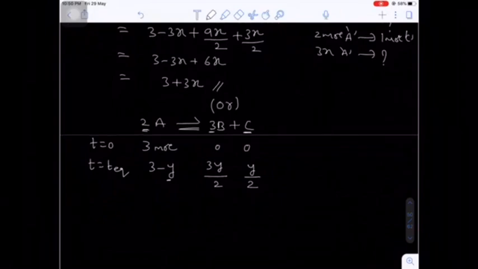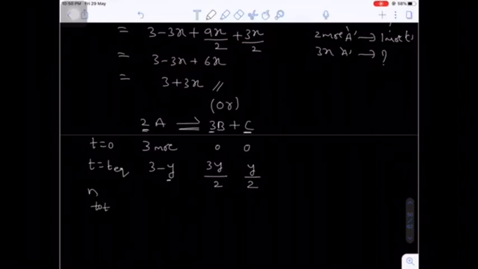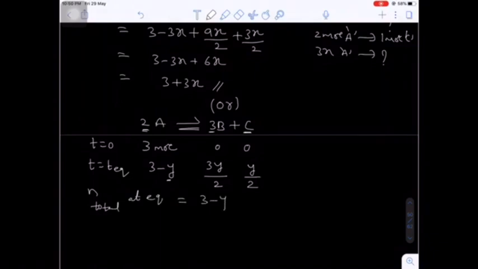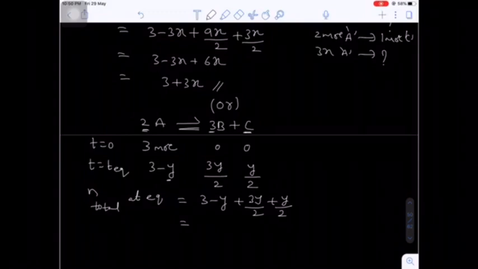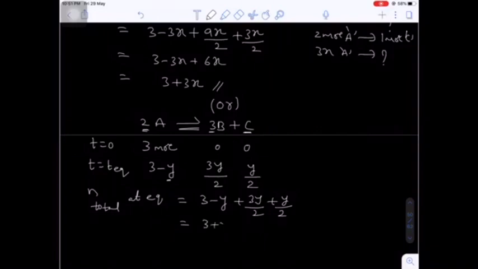Now the total number of moles at equilibrium is 3 minus Y plus 3Y by 2 plus Y by 2. Now 3Y by 2 plus Y by 2 is 4Y by 2, that is 2Y. Minus Y plus 2Y, so finally 3 plus Y.